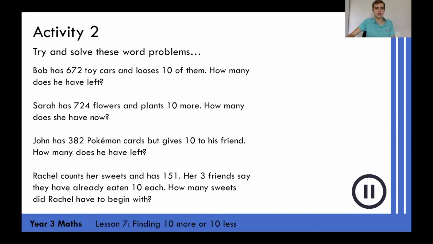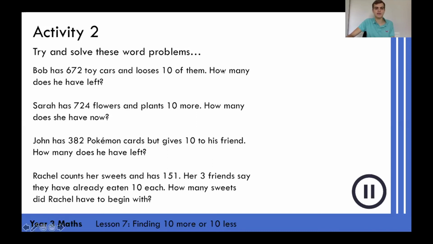Activity number 2 then. This time we've got some word problems. So you need to read the question really, really carefully, decide whether you need to find 10 more or whether you need to find 10 less, and then see if you can work out the answer. The first one, Bob has 672 toy cars. That's quite a few, isn't it? And he loses 10 of them.